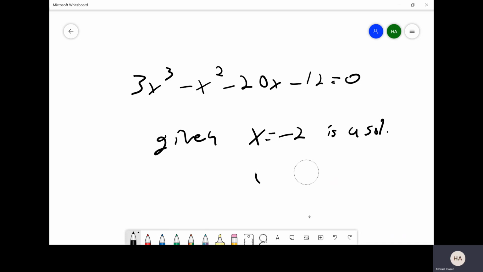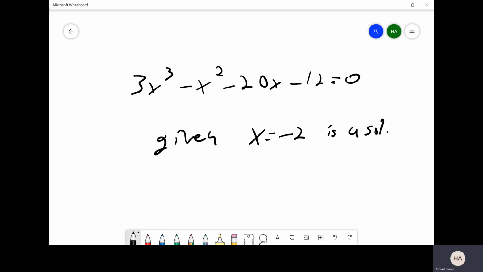And I know that just by moving that plus 2 over. So this is the same thing, x plus 2 is equal to 0, and we would have solved for x at this point by moving the 2 over, and that's how we got x is equal to -2. So we're kind of moving backwards. We were given that x is equal to -2 is a solution here, and we want to find all the other solutions with this one piece of information.